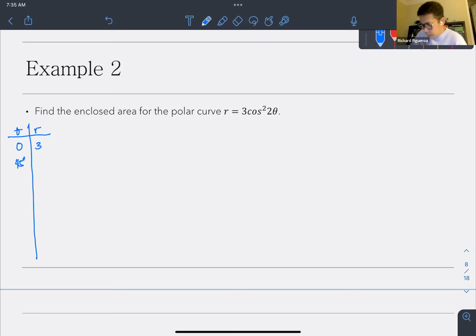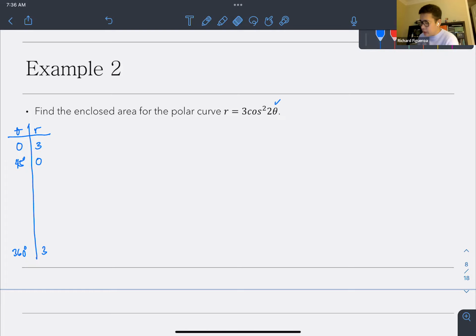It's 90, that will make it 0. So 360, that will be 3. Okay, I'll just show you through the graph now. Pero again, so you can do this elementary method. Magsa-substitute ka lang. So palitan mo lang yung theta ng 0, 45, up to 360 degrees.